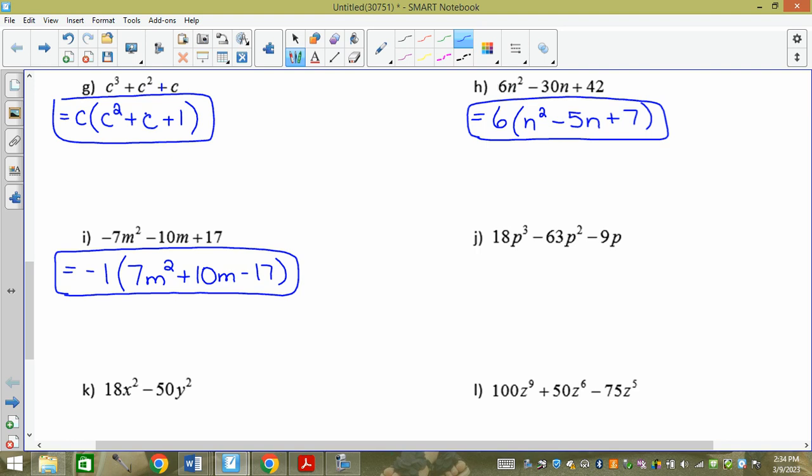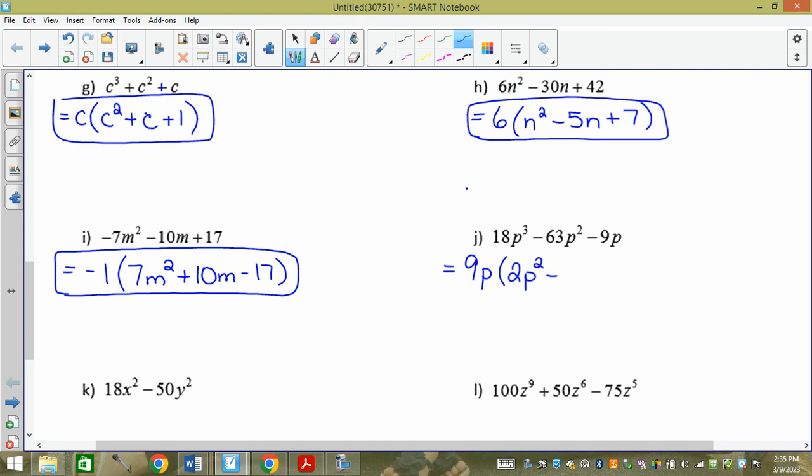What can I do with J? What can I take out of 18, 63, and 9? Yeah, 9. And a P. So 18 divided by 9 is 2P cubed, take out a P is P squared.